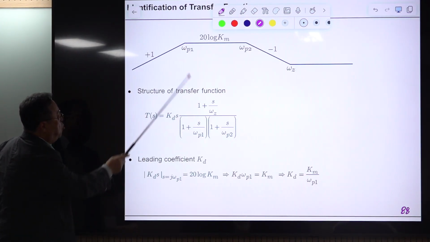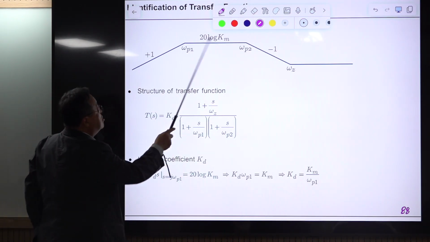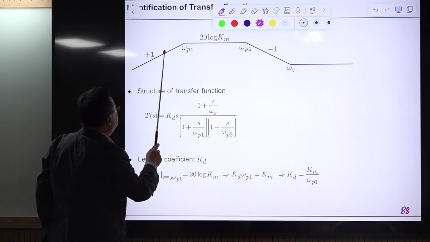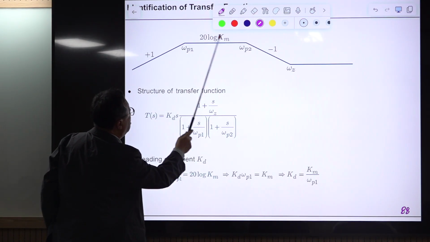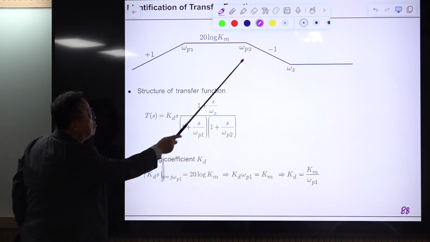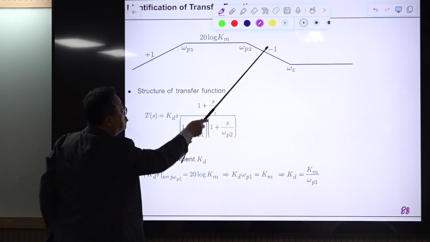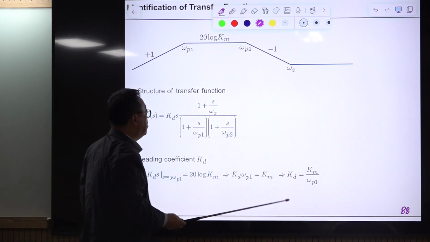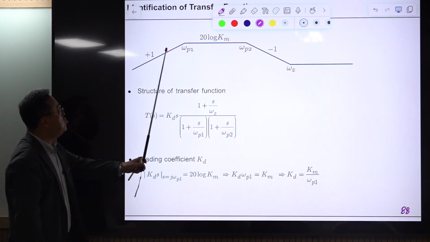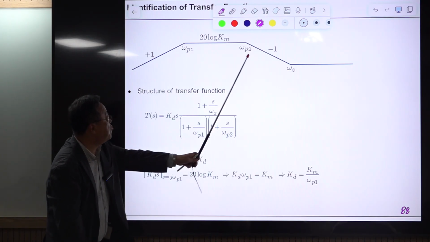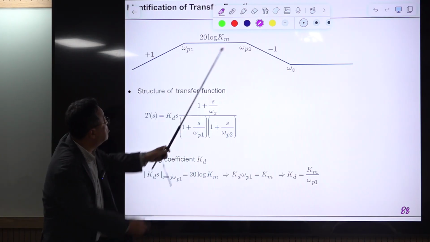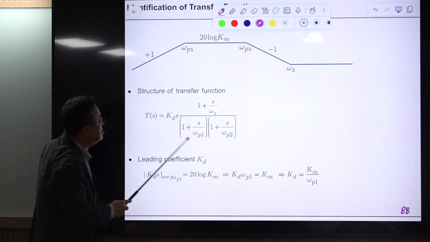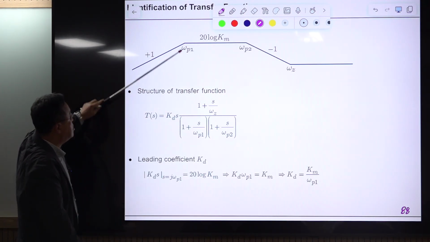So omega p1 is coming here, and the slope is changed from +1 to 0, and you have another pole here. So the slope is reduced to -1, and then a zero is coming here. With this, you know these three frequencies, determined from the slope.